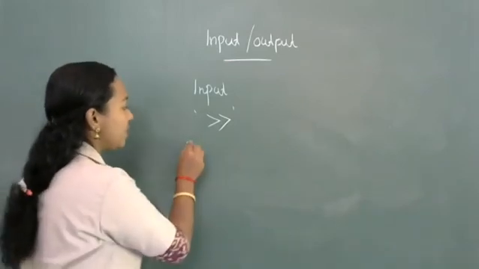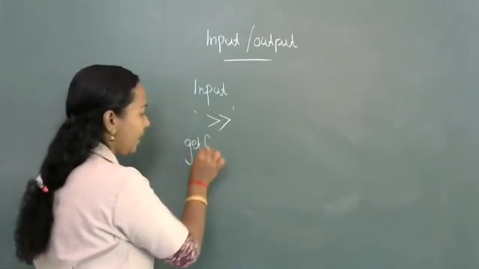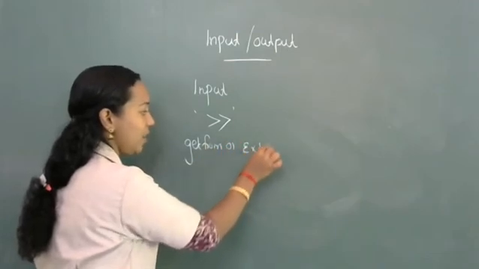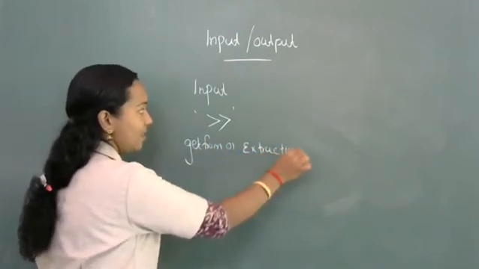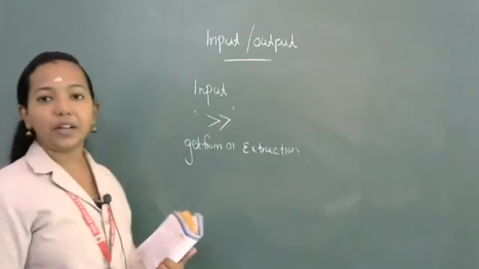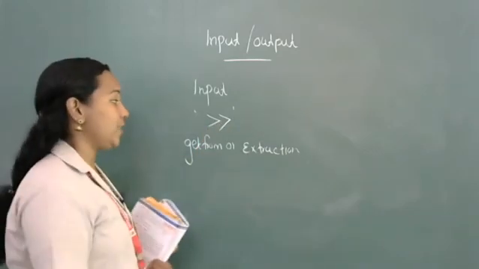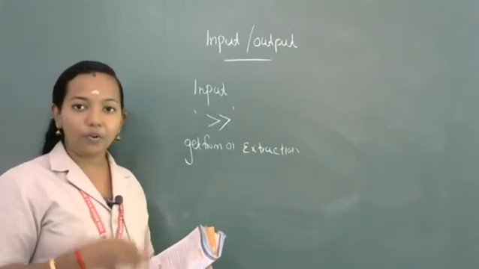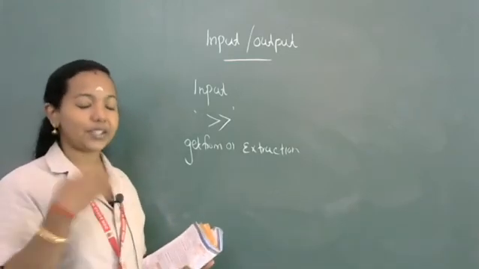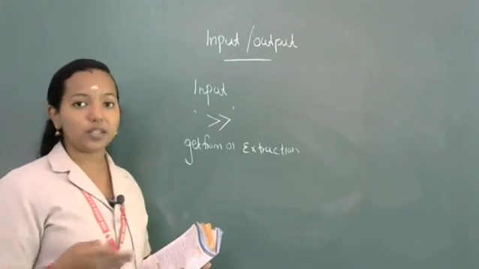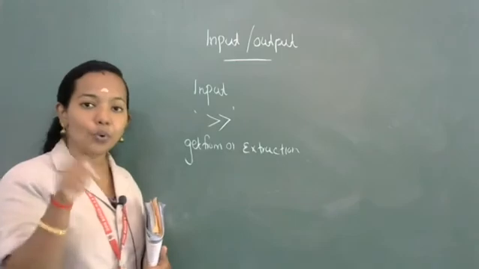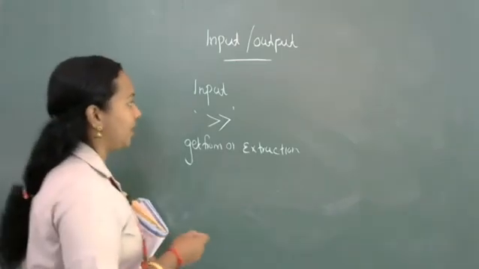This operator is also known as the get from or extraction operator. For extracting a value, or for getting a value from the user through variables, we are using the extraction operator, two greater than symbols together.